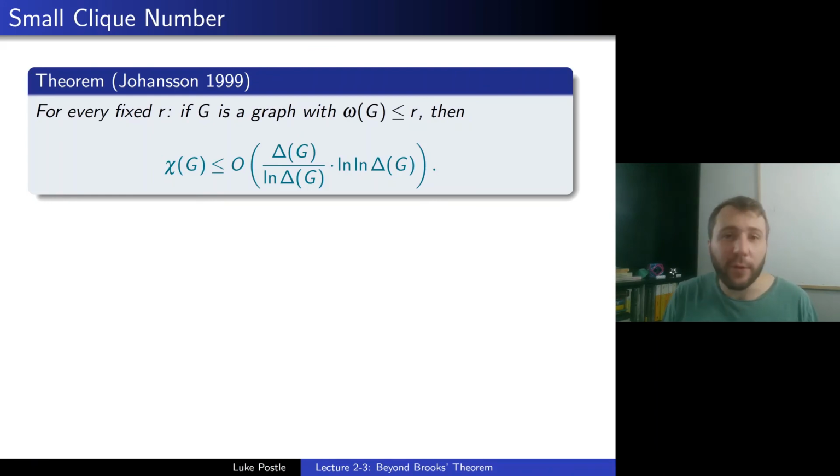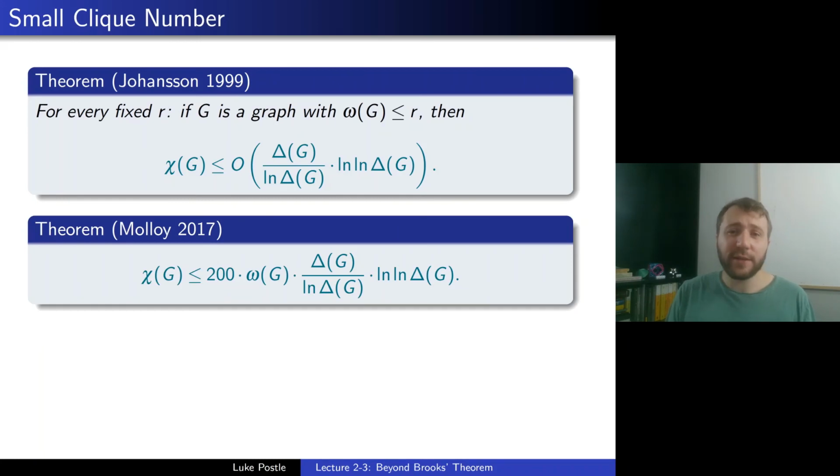What if you want to exclude K4s and K5s? Well, Johansson had done this. For every fixed r, again unpublished work, he showed that if G is a graph with omega at most r, then you can actually get delta over log delta, but you have to pay a price here. He needed an additional log delta factor, which is not conjectured to be tight. It's conjectured that you don't need this log delta term, but no one's improved on that. However, Molloy did manage to improve on this by, one, getting a somewhat better constant, so he has a 200, and he actually puts the omega into the bound, so 200 omega times that.